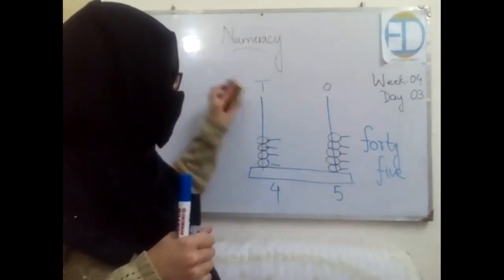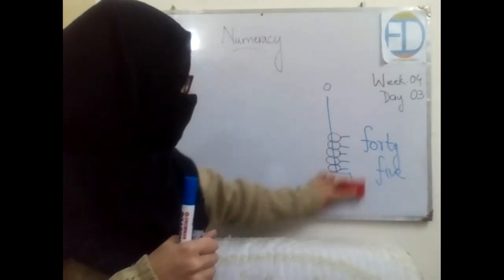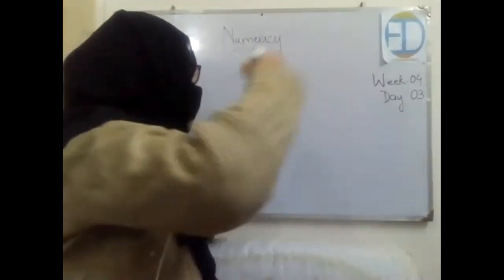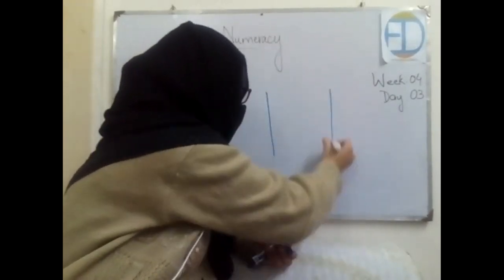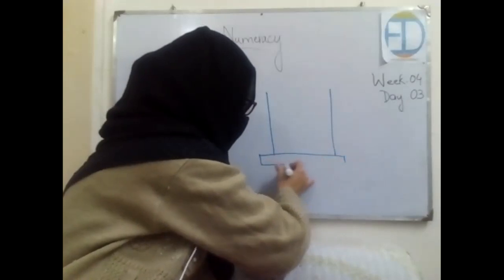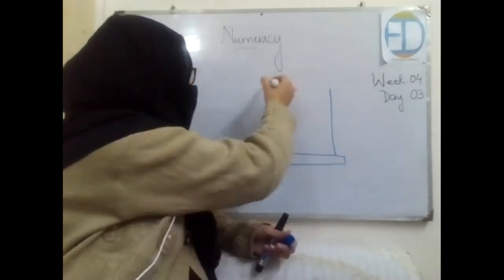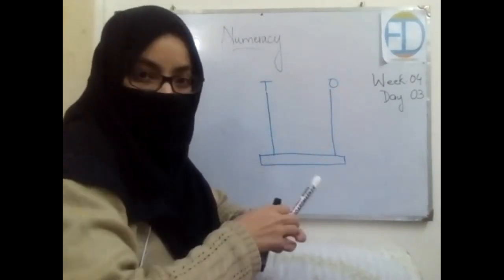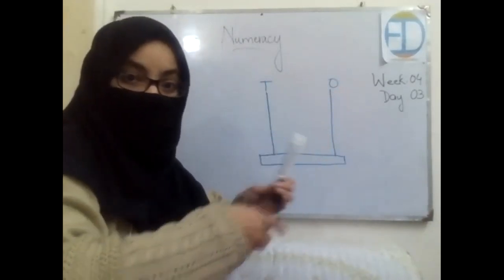Okay. Now let's practice writing from 50 till 60. Now what would be the same when we will be writing number names from 50 till 60?